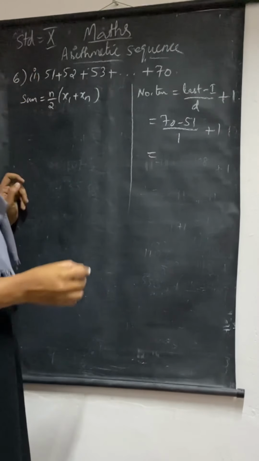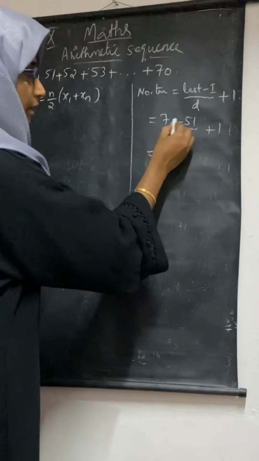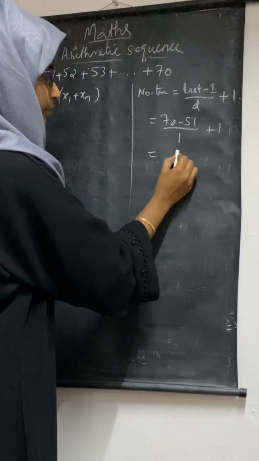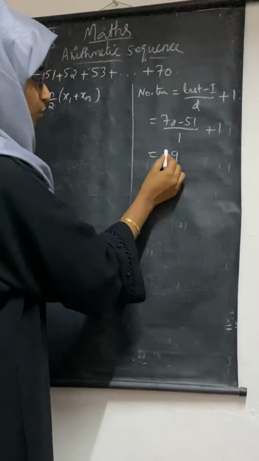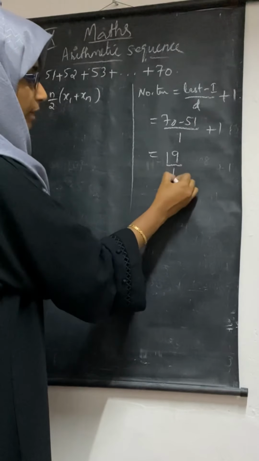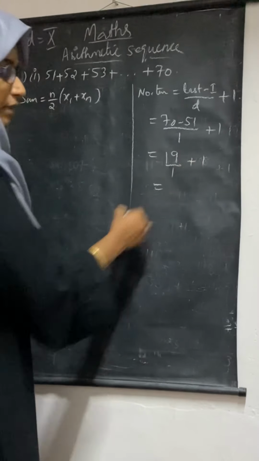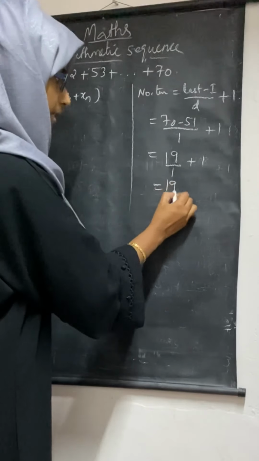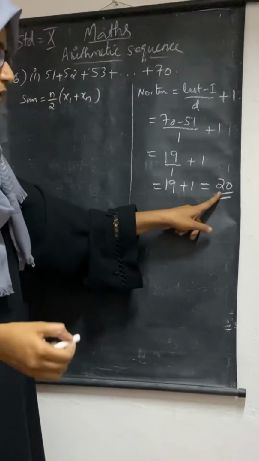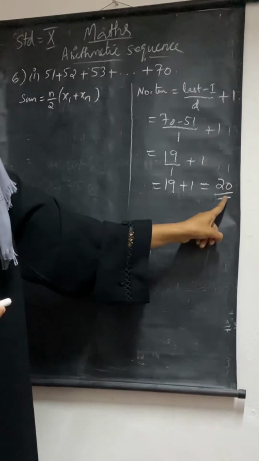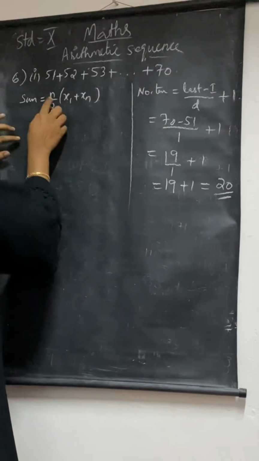Now 70 minus 51: 10 minus 1 is 9, then 6 minus 5 is 1. So it is 19 divided by 1 plus 1. 19 divided by 1 is 19, plus 1 is 20. So what is the number of terms? From 51 to 70, there are 20 terms. So that is n.